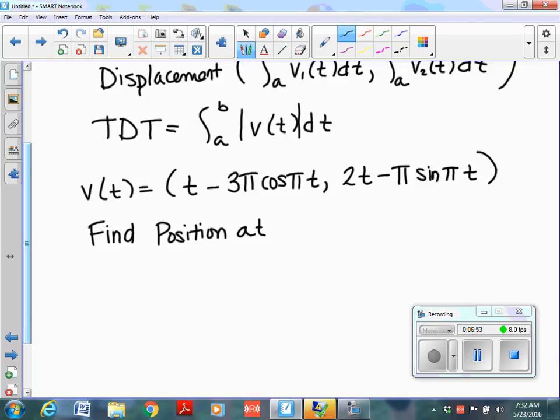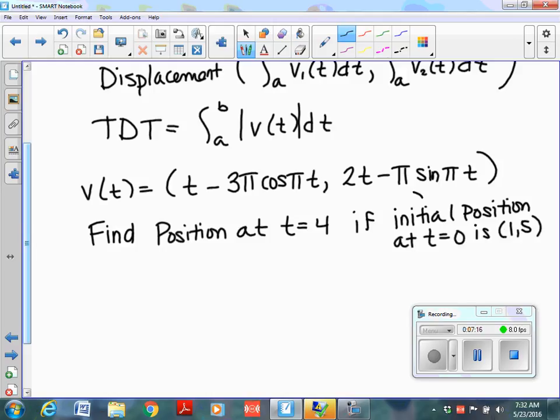to find the position at t equals 4 if the initial position, remember that little key thing that you had in calculus AB, if the initial position at t equals 0 is (1, 5). So make sure you don't forget this small little detail at the end.